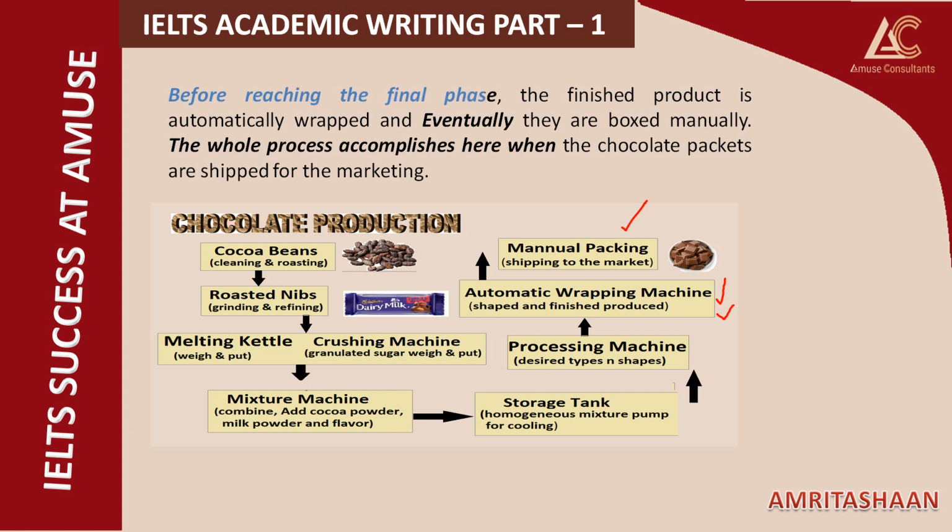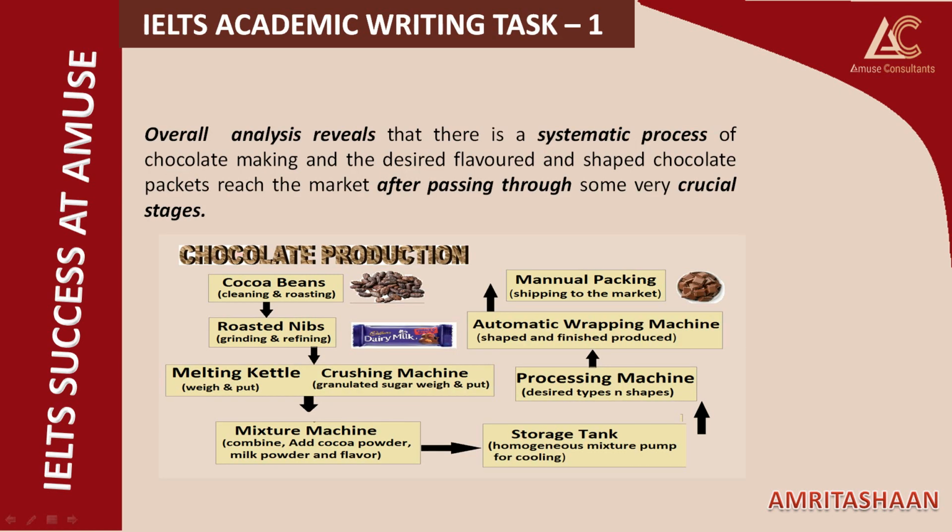And now comes the stage where we are going to conclude our writing. And as in the beginning I had told you, overall analysis makes the thing quite impressive and quite effective. Time to read the overall analysis.